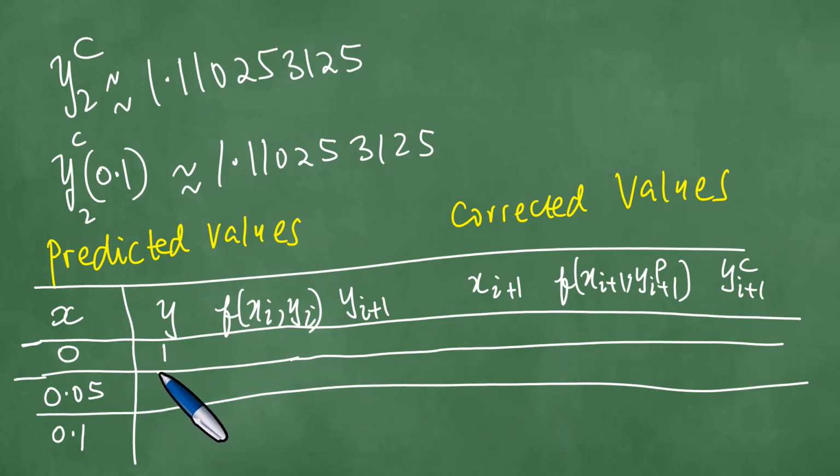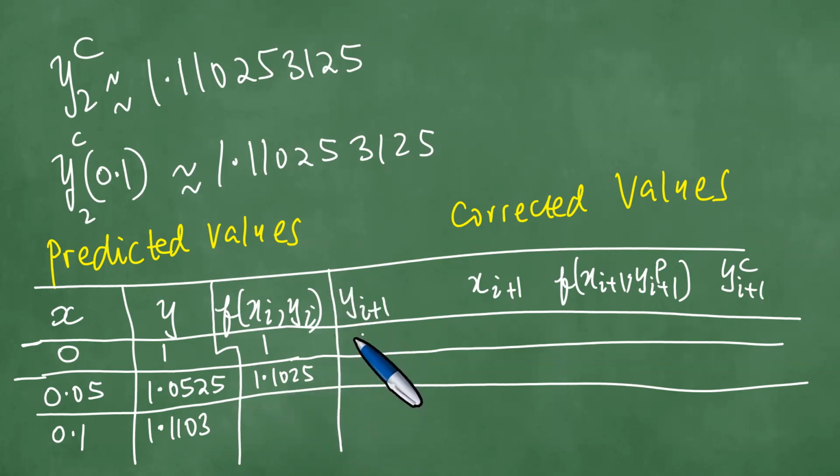The y values are 1, 1.0525, 1.1103, then 1.1025, 1.1076, and then 0.05, 0.1.